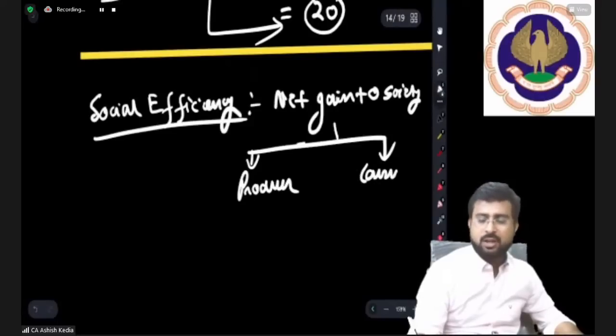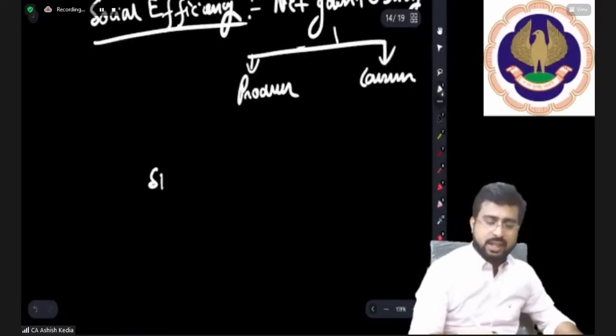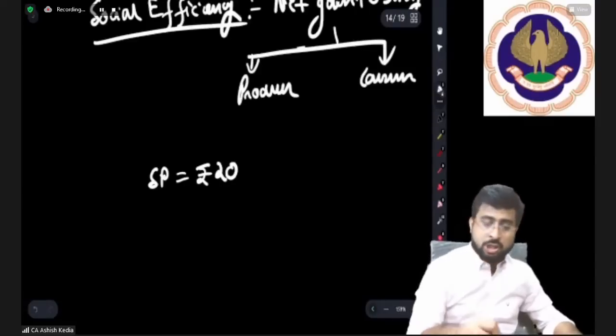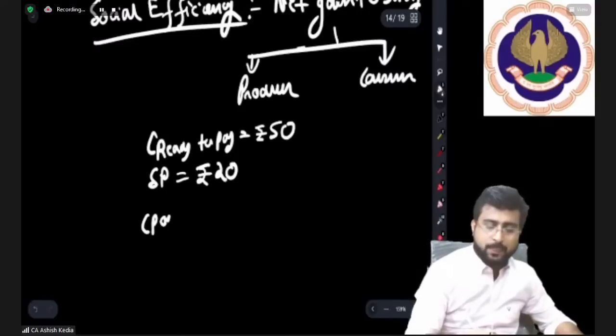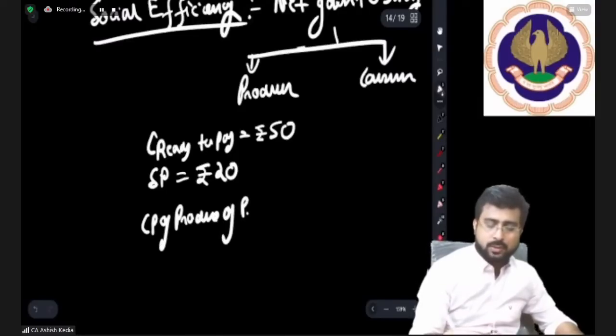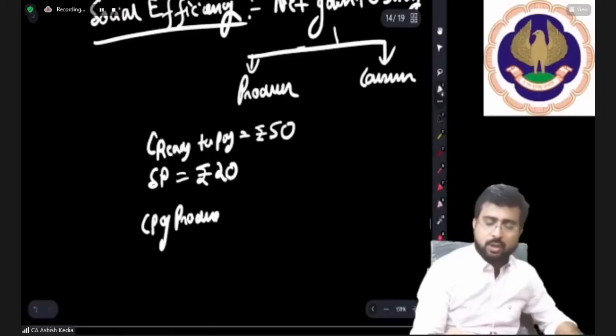For example, let's say the selling price of a product is rupees 20. The customer is ready to pay 50 rupees because the product is so useful, but the cost price for the producer is only 5 rupees. Now see, everybody is happy. Why, sir?